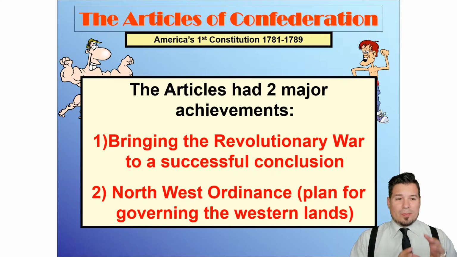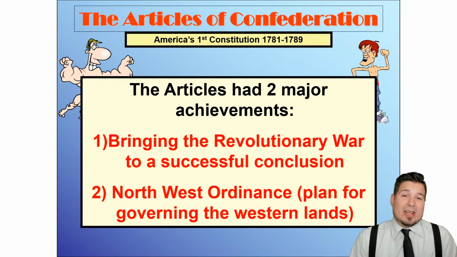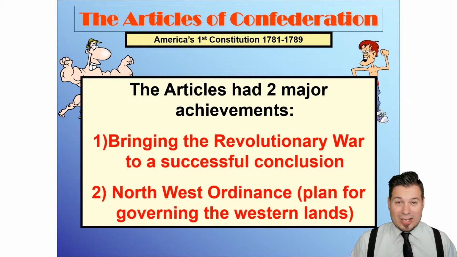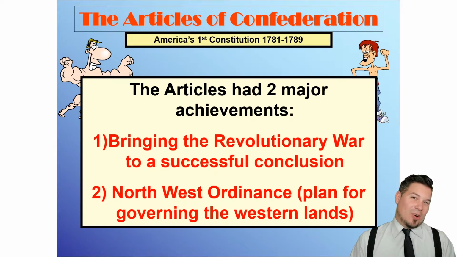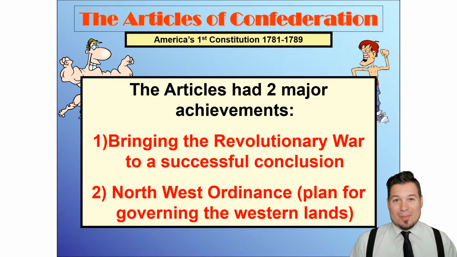This helps plan the governing of the western lands, new land that we could now get into. If you remember, we talked about the Proclamation Line of 1763, and the colonists couldn't go past that. Well, now we're not colonists anymore, so we can go past that. We don't have to follow that anymore. But there needs to be some law out there and some organization. That's what the Northwest Ordinance does.